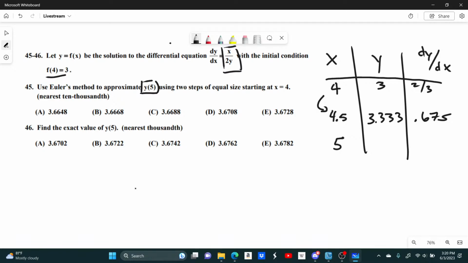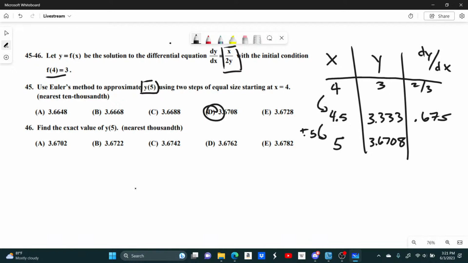Well, if my dy/dx is 0.675 and I increase by 0.5, then that's going to add the slope times my interval to my y. So I'll add 0.675 times 0.5 plus 3.333, and I get 3.6708. So I get D.